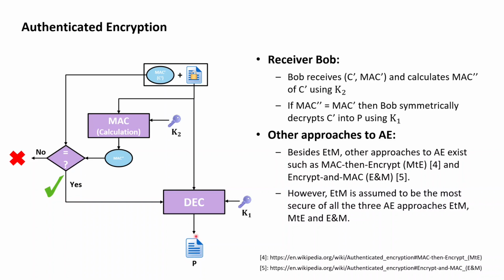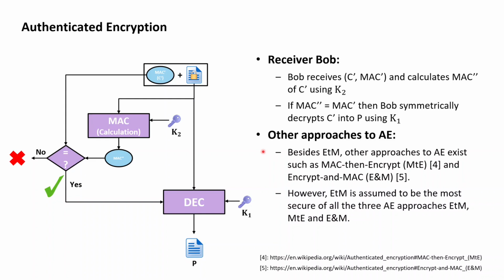Besides this Encrypt-then-MAC approach, other approaches to authenticated encryption exist. A second approach is the MAC-then-encrypt approach, which, as the name indicates, works exactly the other way around than the Encrypt-then-MAC approach by first authenticating a plaintext and then encrypting the pair of a plaintext and MAC tag.